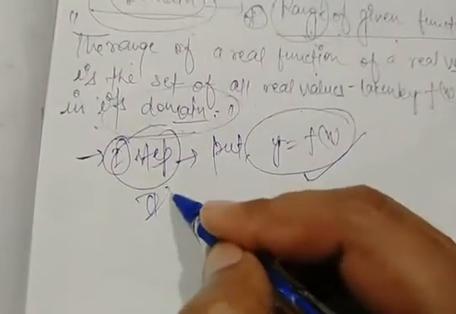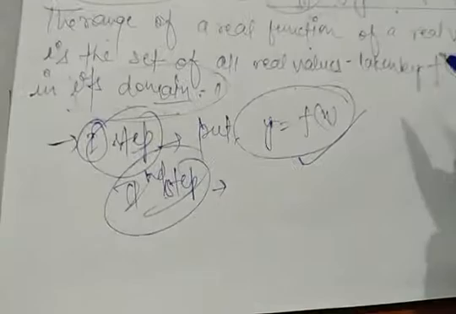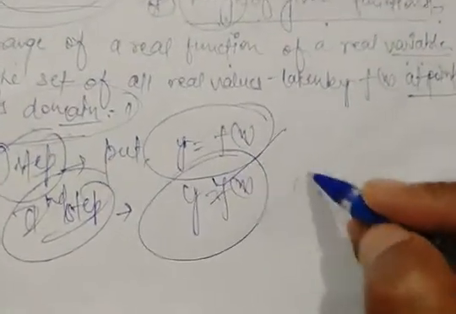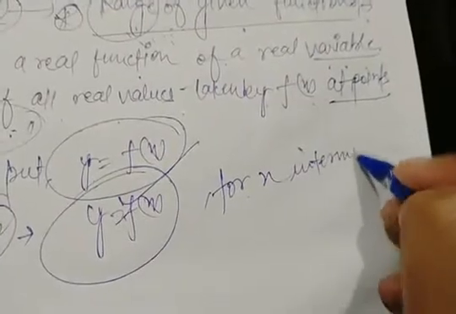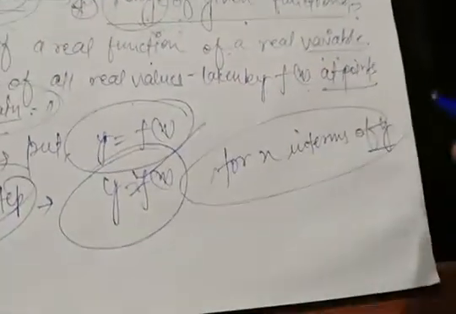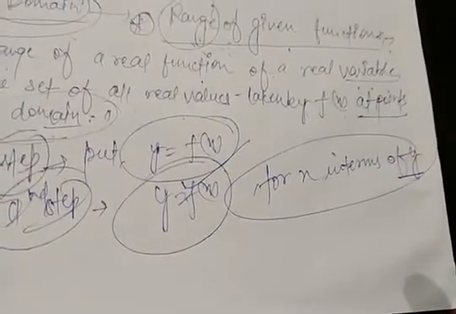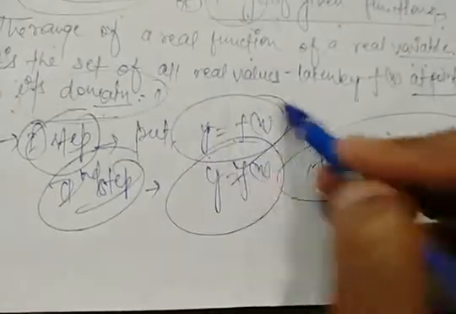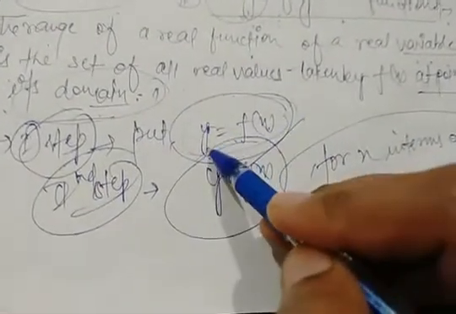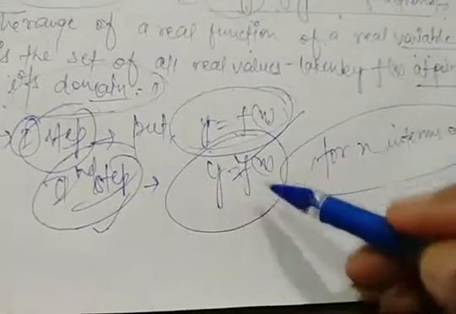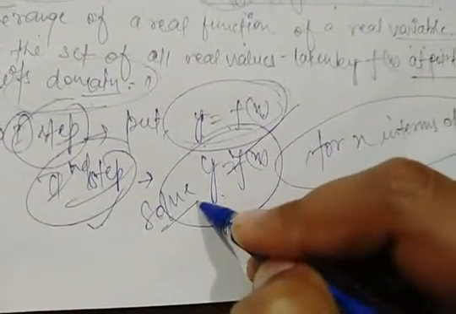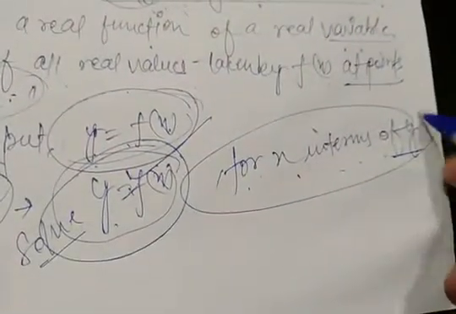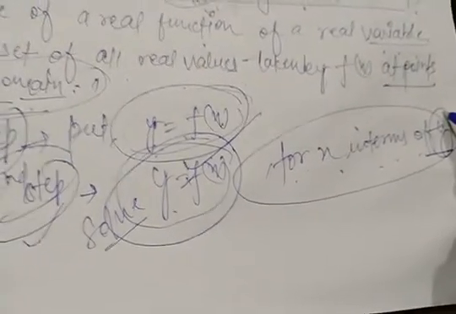In the second step, solve the equation y equals f of x for x in terms of y. This is a very important point.